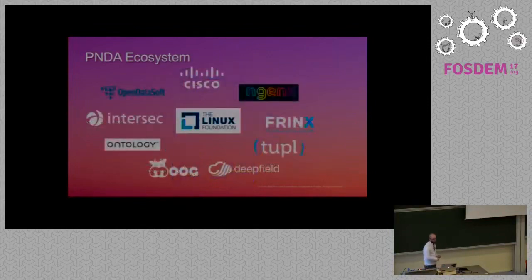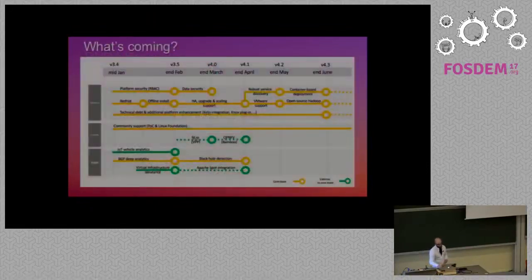Just to mention, we are working with the Linux Foundation, with Moog, especially for the fault analysis in the network, with Topple, with Strings. We are working also with Open Datasoft around all the smart cities topic, with opening all the data. There is also Nginx, ontology, etc.